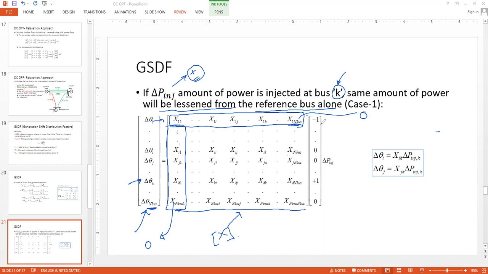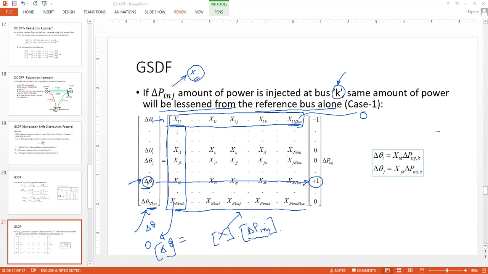So this is my del theta array, which is equal to X into del P injection. And we are considering the del P injection is happening at bus number K. So you see del P injection at bus K. So this is the entry of bus K here.